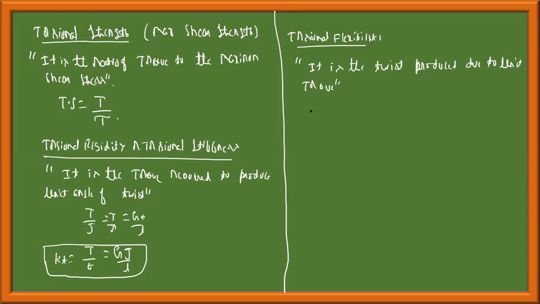Torsional flexibility is given by theta by T, which is equal to L by GJ. Torque required to produce unit angle of twist, or twist produced per unit torque, is torsional flexibility. Okay. And similarly T by tau can be written as J by R. Keeping this in mind, we go ahead designing the shafts.